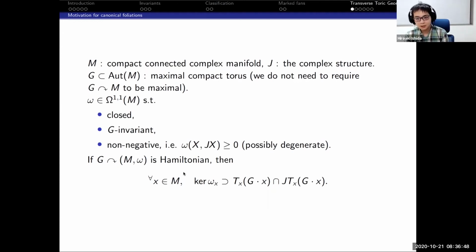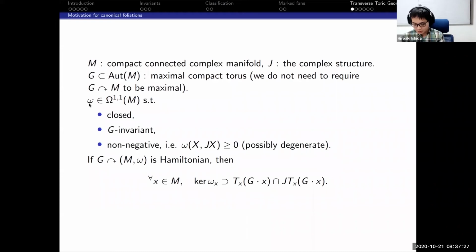Let's consider a compact connected complex manifold, and let's take the maximal compact torus in the group of automorphisms of this manifold. Here we do not need to require the action to be maximal, but we take a maximal compact torus in this Lie group.